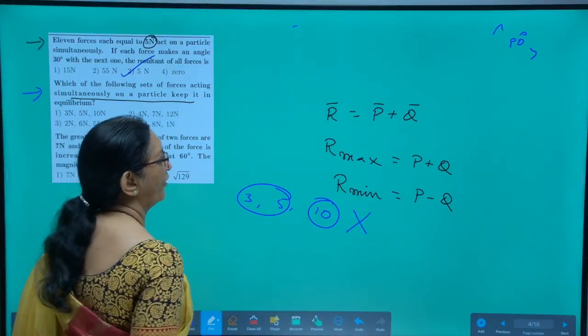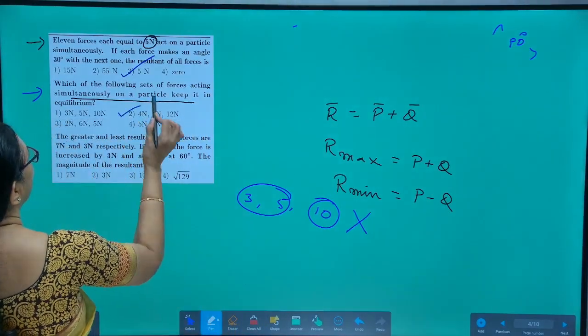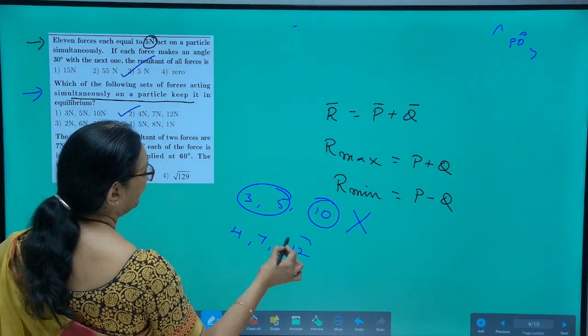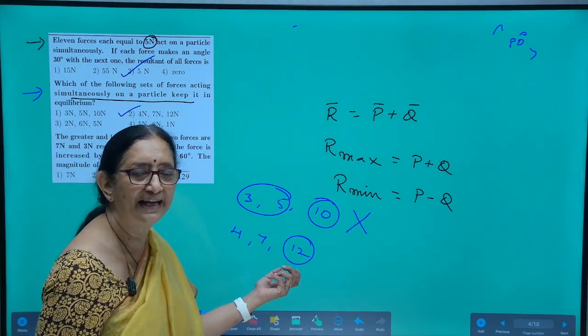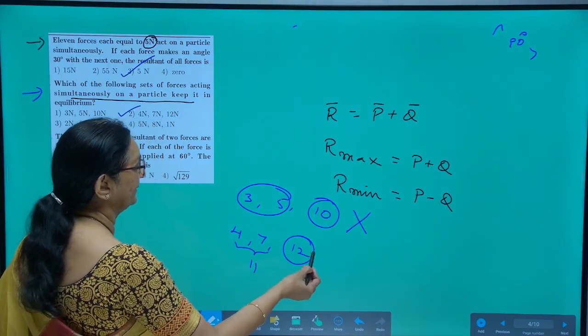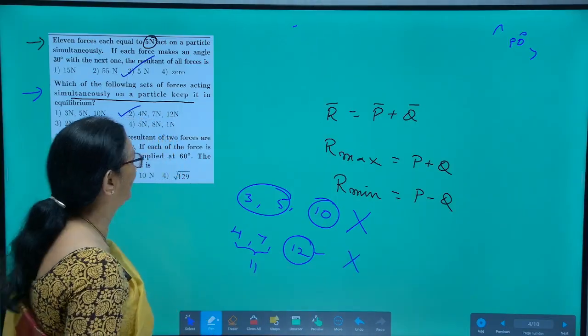So, very obviously that cannot keep the point in equilibrium. Coming to the next one, 4, 7 and 12. First identify the highest, and let us check whether this can become the equilibrant. The sum of these two is 11, and 12 is greater than 11, so it cannot be the equilibrant.